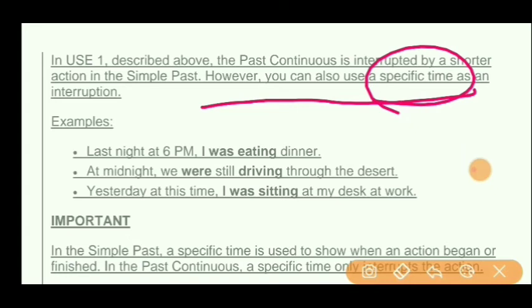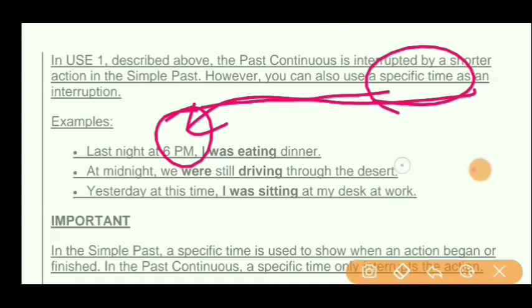So you can see here this specific time, 6 p.m. So last night at 6 p.m. I was eating dinner. This sentence tells us that at a particular time the action was going on.